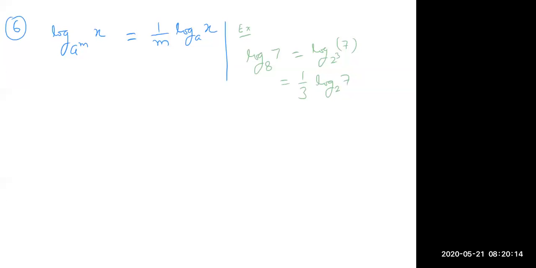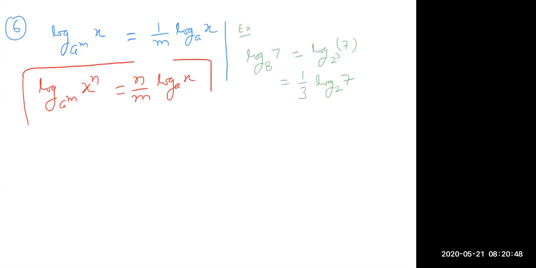This I can write in this way. So if power is in the base, it becomes 1 upon m. So now this condition along with the previous one, I have two conditions. I can add both. That means if question is log A raised to power m of x raised to power n, this will become n upon m log A x, like this. Combining both conditions.